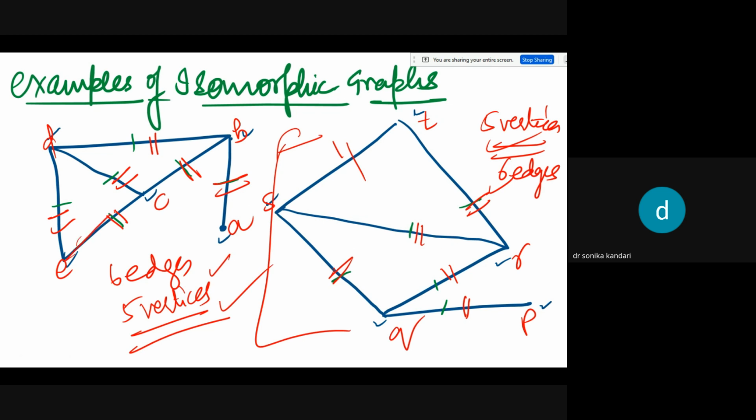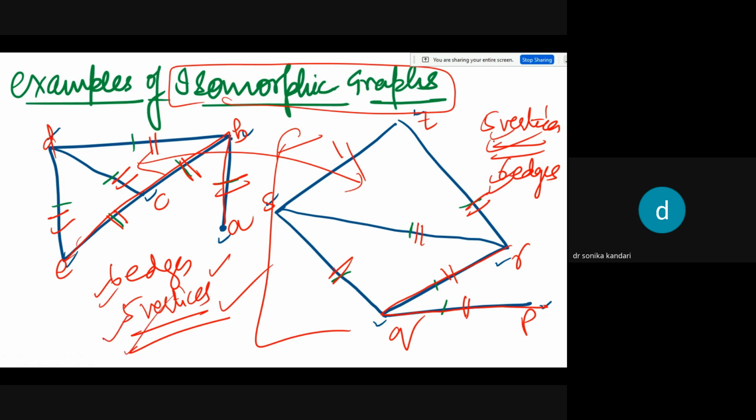Only the way of representation is different. Yes or no? Otherwise, both graphs are the same. So we can say these are isomorphic graphs. Suppose you have to find whether two graphs are isomorphic or not. First count the number of edges in both, then count the number of vertices.